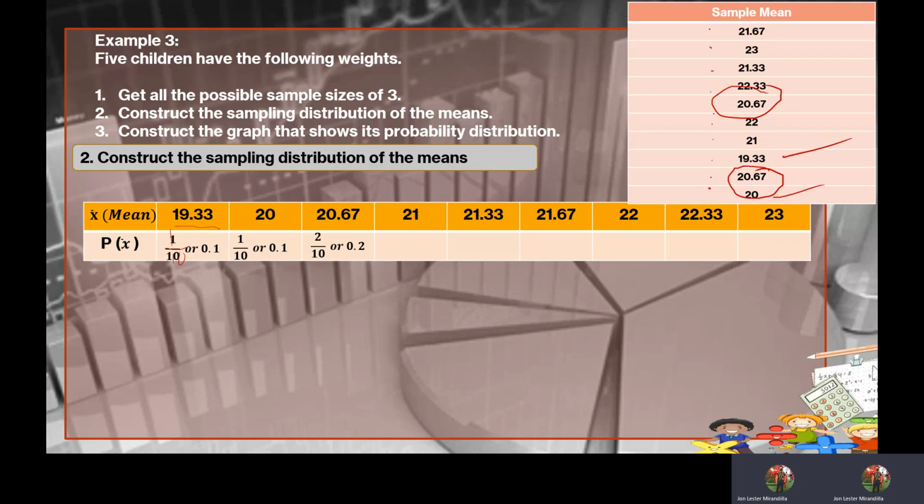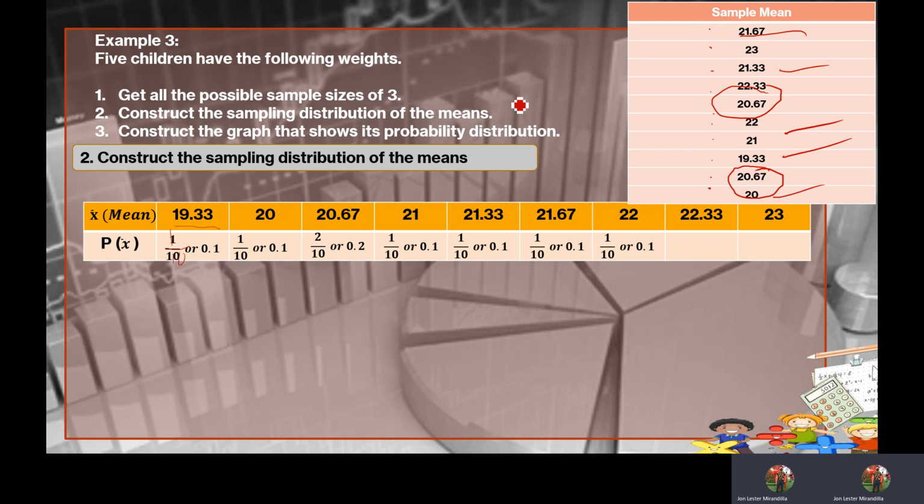Then, si 21 is isang beses lang din, kaya 1 out of 10 or 0.1. Si 21.33 is isa lang din, kaya 1 out of 10 is equal to 0.1. Same with 21.67, isang beses lang din nag-occur. Kaya 1 out of 10 is 0.1. Same with 22, isa lang din siya. So, 1 out of 10 is 0.1.